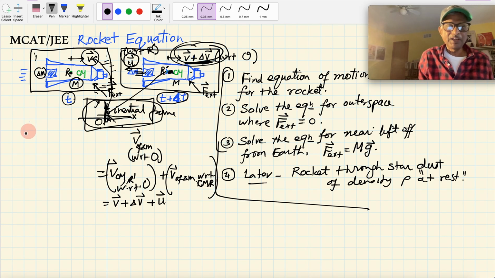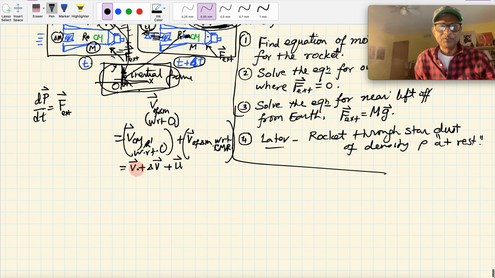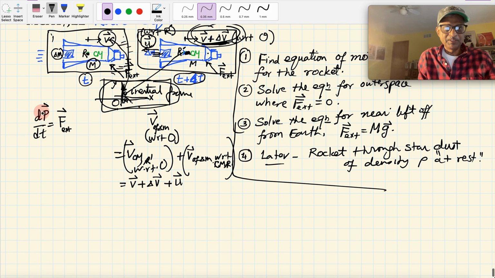So in the inertial frame, the law is dp/dt equals F. That's the law. We need to figure out the left side and the right side, and this F is all the external forces. So how do I figure this out?